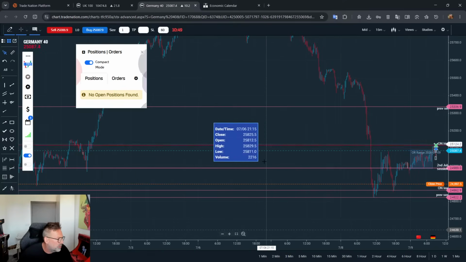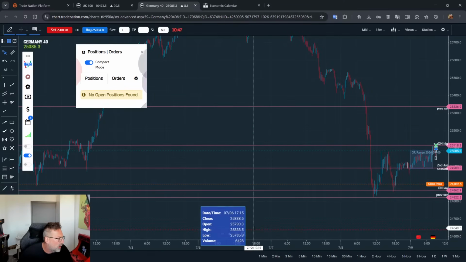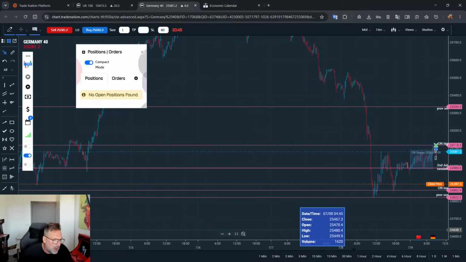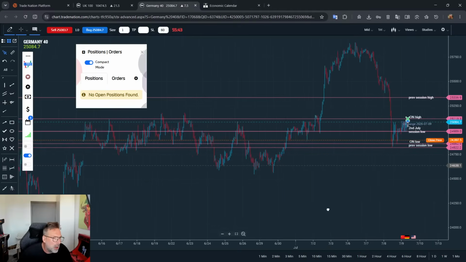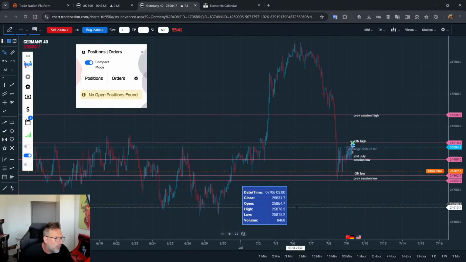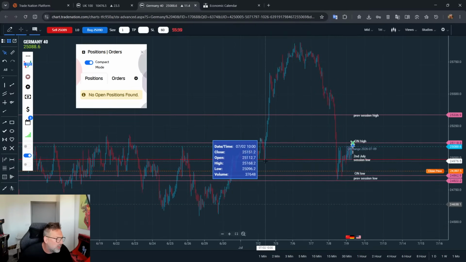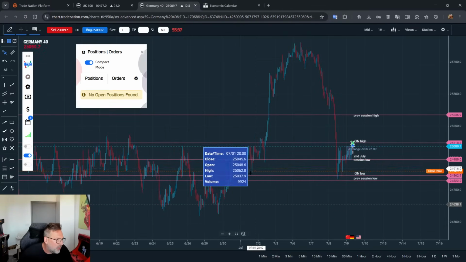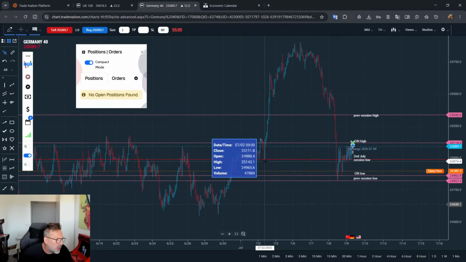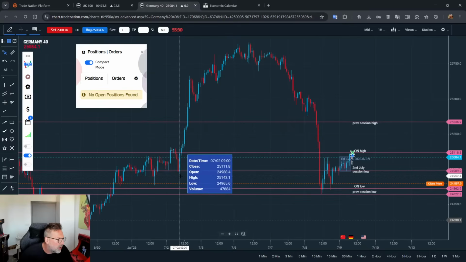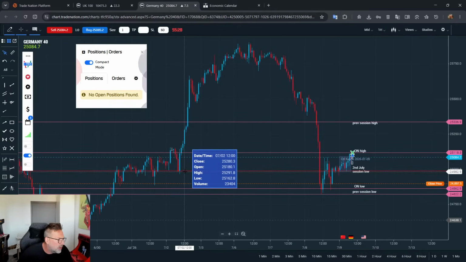So why do I have this line here? Well, because I was thinking that when the market came down, this would be a good target. The low, not exactly the low, but I used the body of the candle there of the 2nd of July.